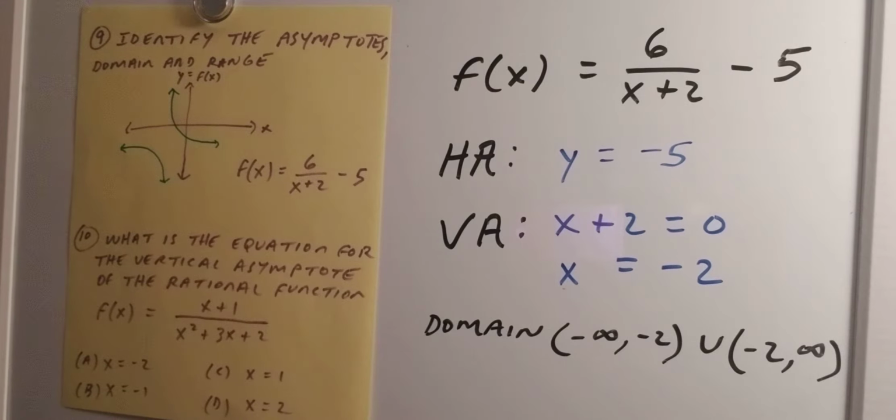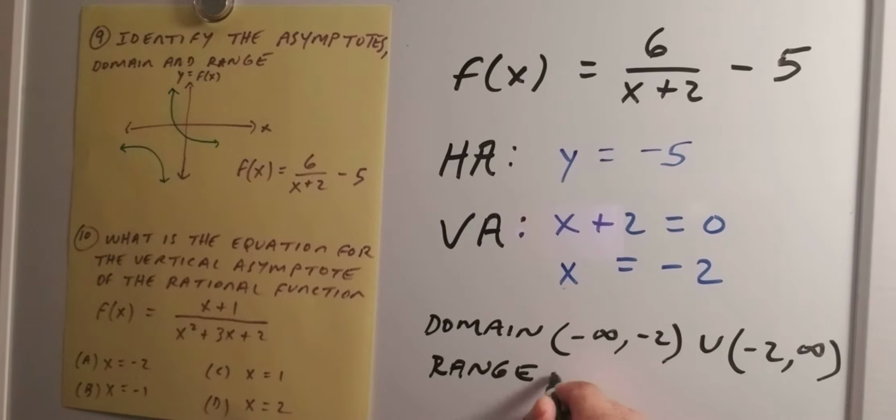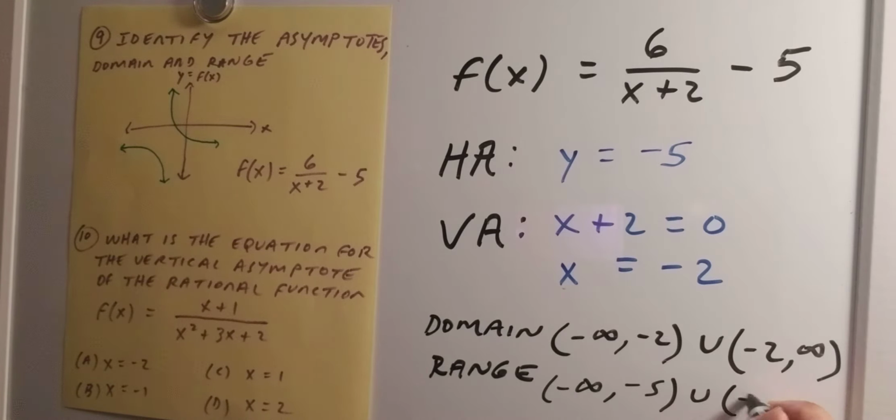And the range, you can see the graph going up and down to infinity and negative infinity, except the horizontal asymptote is excluded. So we're going from negative infinity up to -5, and at -5 we continue on to infinity. All right, that looks good.